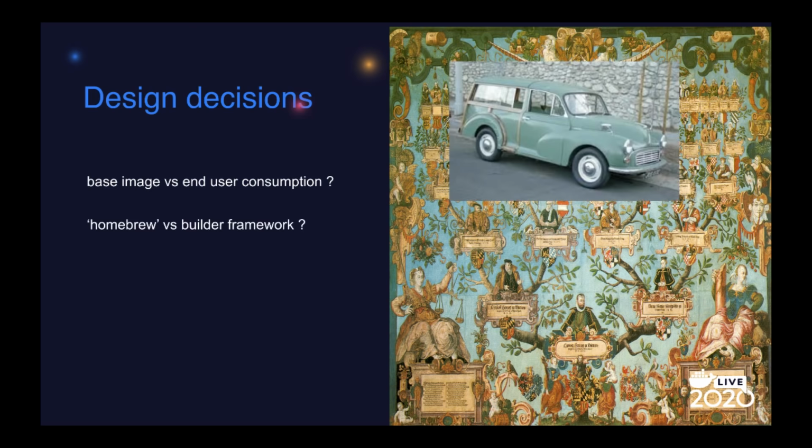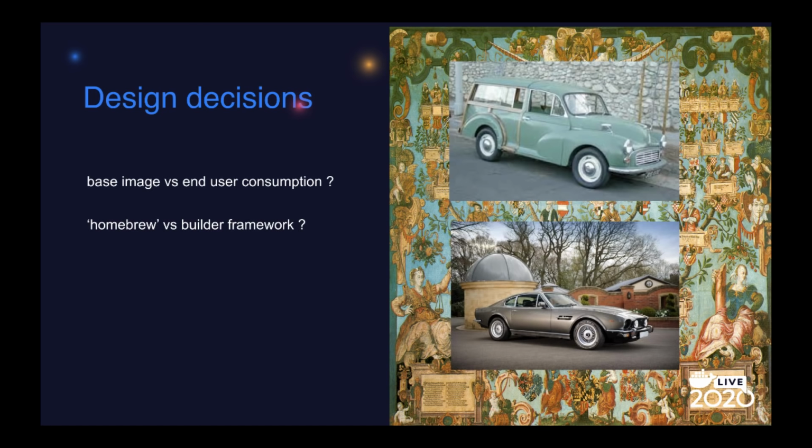The second scope-related decision is should we create an ad hoc script for building and testing our image, or maybe adopt one of the swishy Docker build frameworks. Even though I've used Docker for 4 or 5 years, I consider myself still a newbie, especially when it comes to production usage.